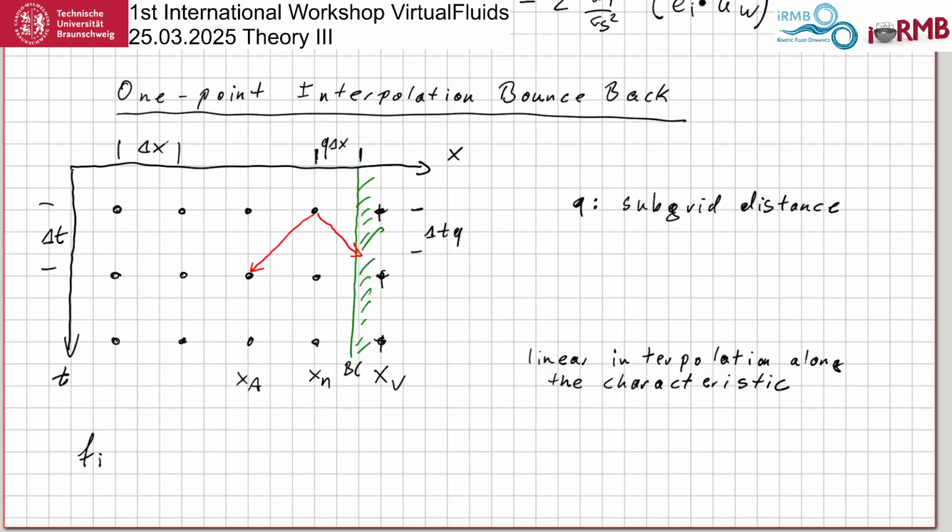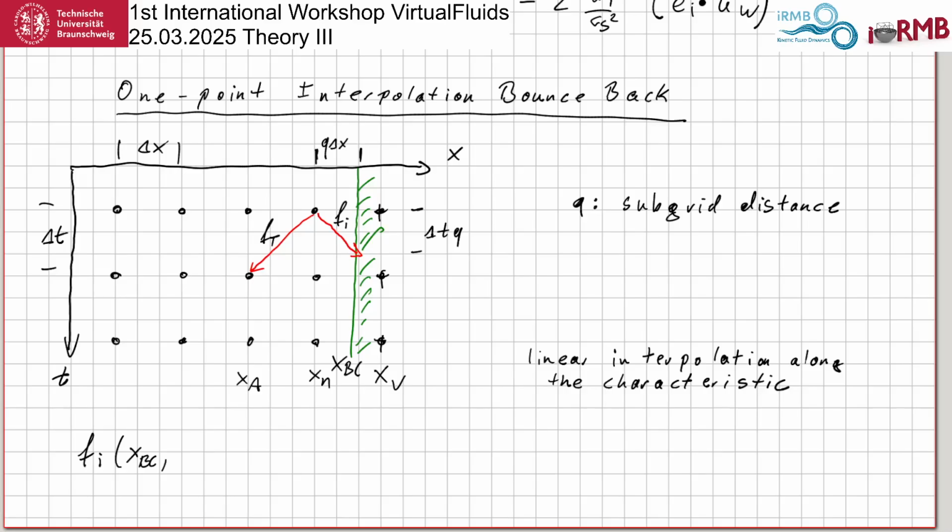And now for fi, so basically this again, this is fi, and this here is fi over bar, so the other direction. fi at the location of the boundary, so I should probably say x boundary. Because we are in one dimension, I'll skip the vector for now.